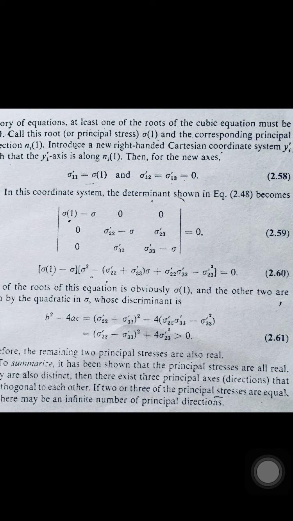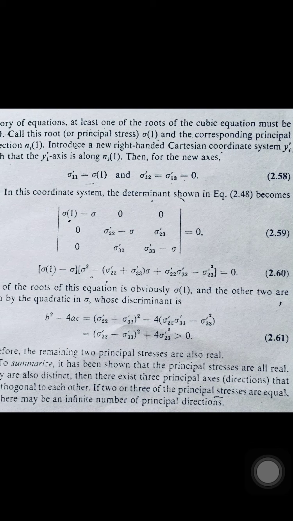Now what happens when the principal stresses are not distinct, meaning equal? If two or three of the principal stresses are equal, then there may be an infinite number of principal directions.